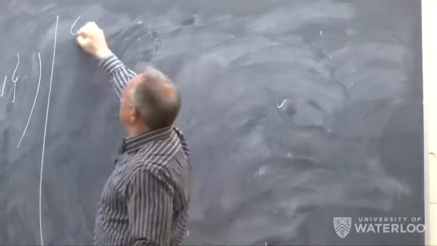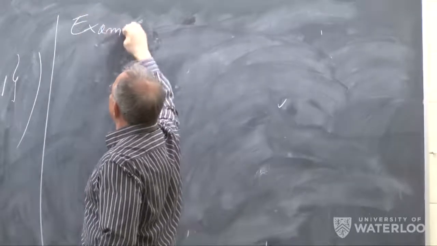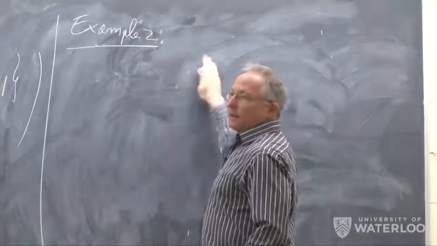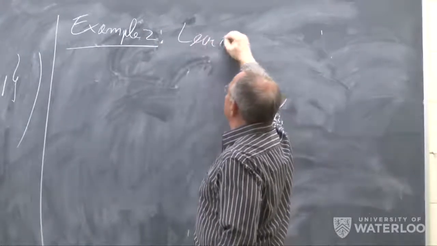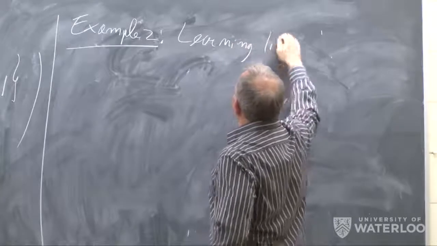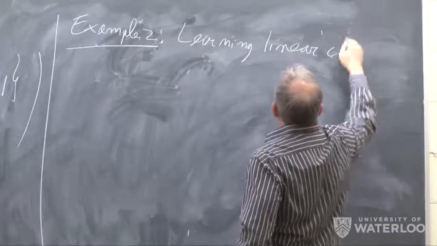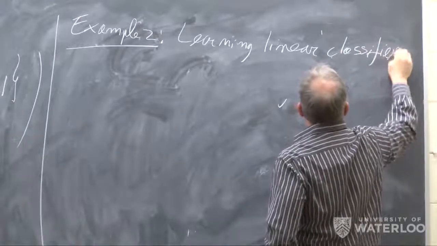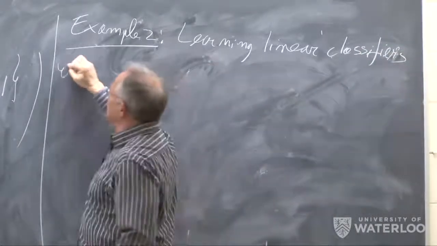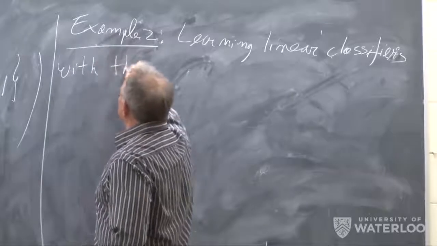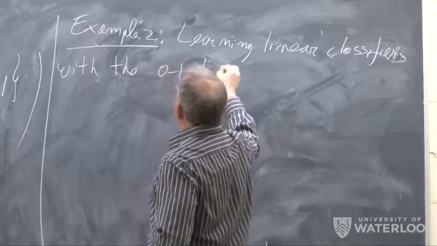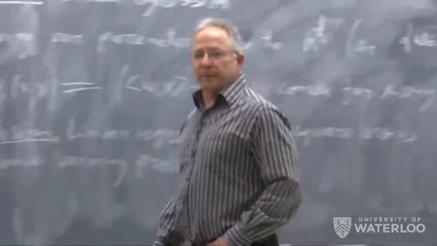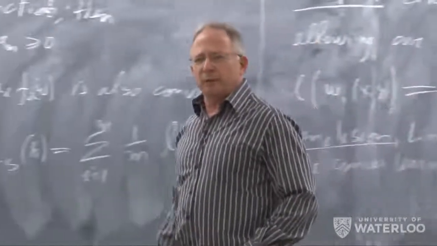So example 2, learning half spaces, learning linear classifiers with the 0-1 loss. This is what we've been doing so far in the course. So what is your guess about this example? Is it going to be convex or not?